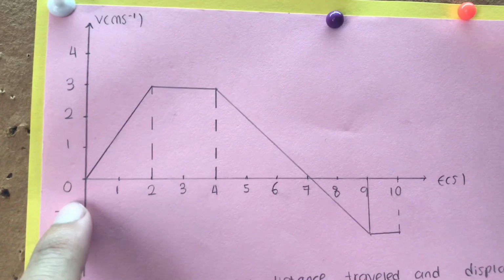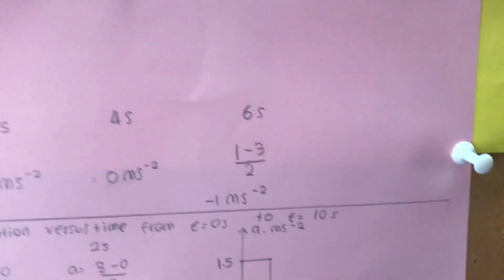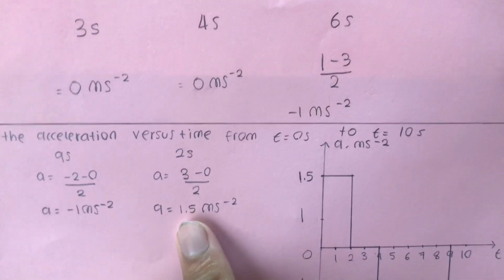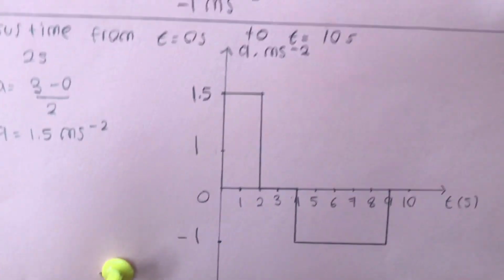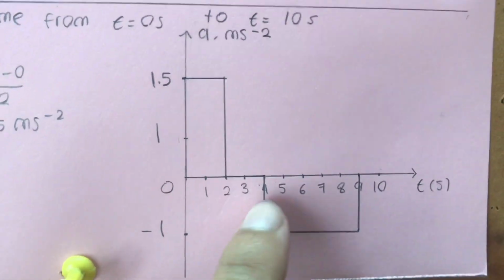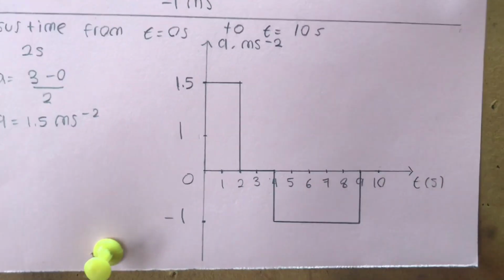So 3 minus 0 divided by 2, we got the answer 1.5 ms to the power of -2. So this is the graph, and this is constant. So that's all.